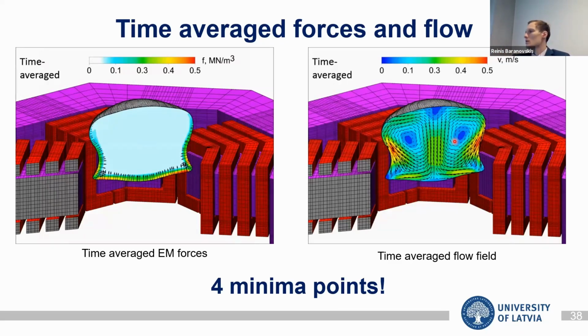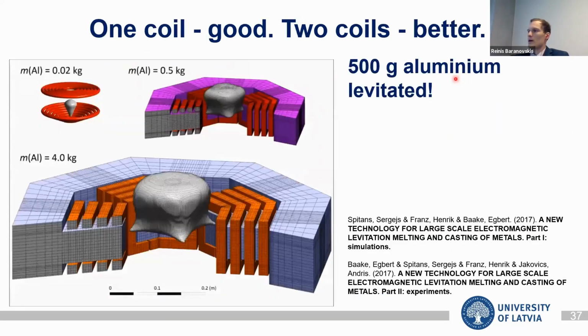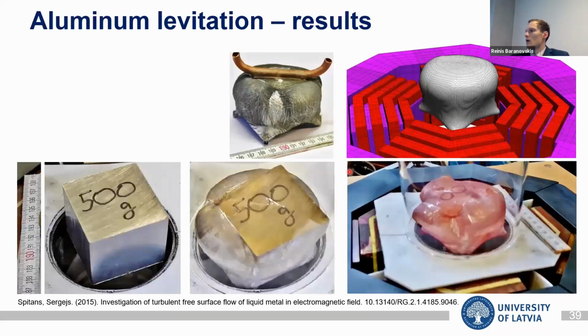In this case, two large eddies here, and the magnitude is almost 0.5 meter per second. So when you're looking at an instant of the experiment, actually inside of it there are quite intense flows.